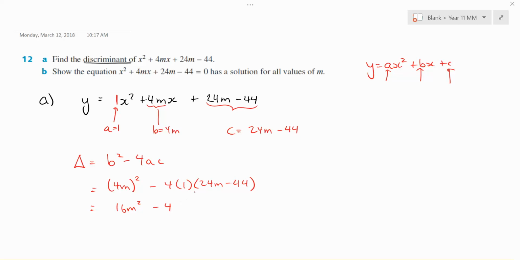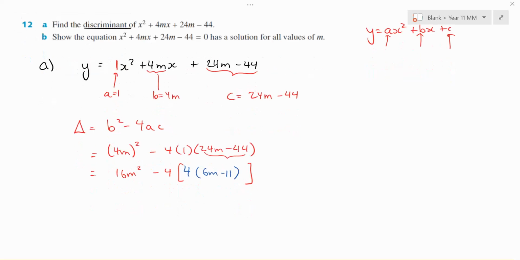Now, I also noticed that 24m and 44 you can factorize even further. You can take out the 4, and you've got 6m minus 11. True? Okay, so notice that's 4 times 1, which is 4, and then I just factorize the inside brackets to give you this.